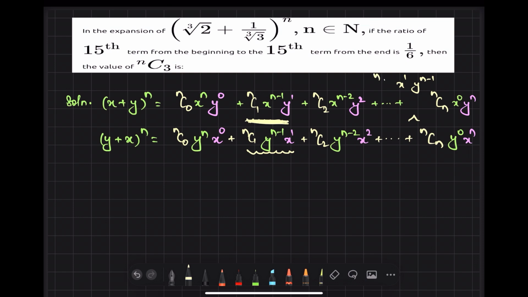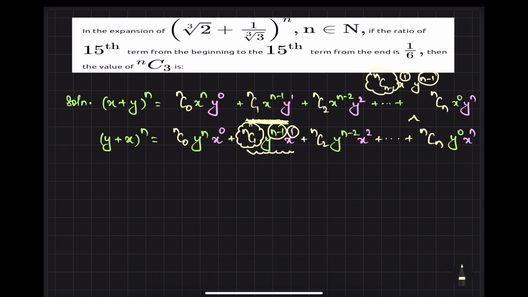Correct or wrong? Now compare. x has power 1 in both, y has power n minus 1 in both, and you know that nCr and nC(n minus r) are the same.